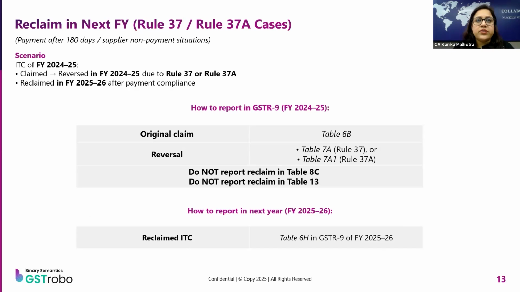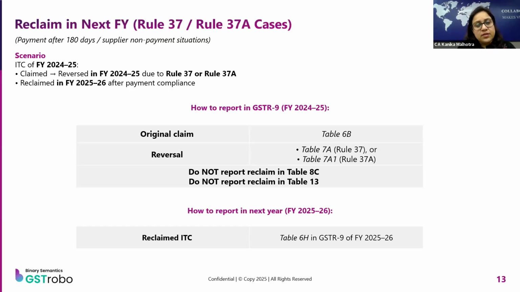Even if reversals are made under 37, it is a broad category now, so you need to identify and report them independently under 7A and 7A1. And we do not need to reclaim it in table 8C, because it is not the case that you have missed that ITC or your supplier has not uploaded the invoice, and neither are you going to show this in table 13.